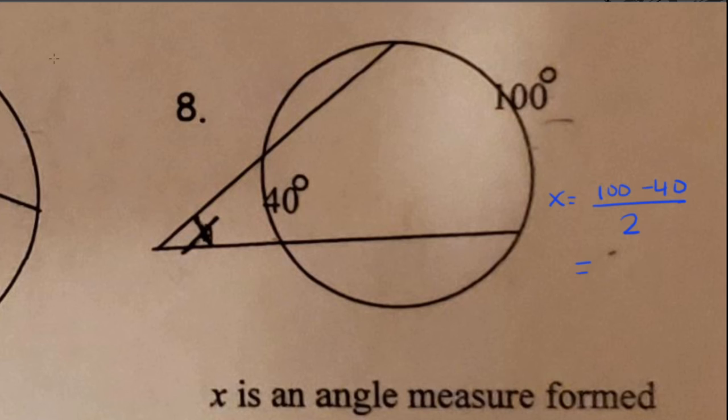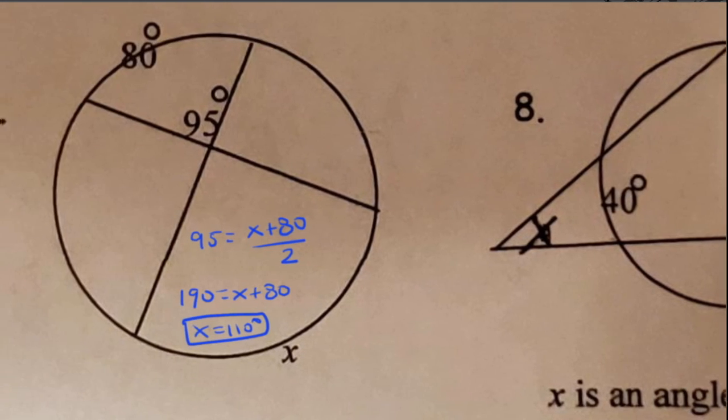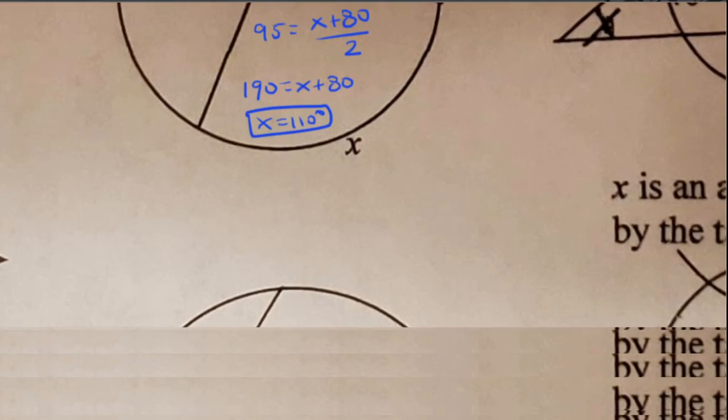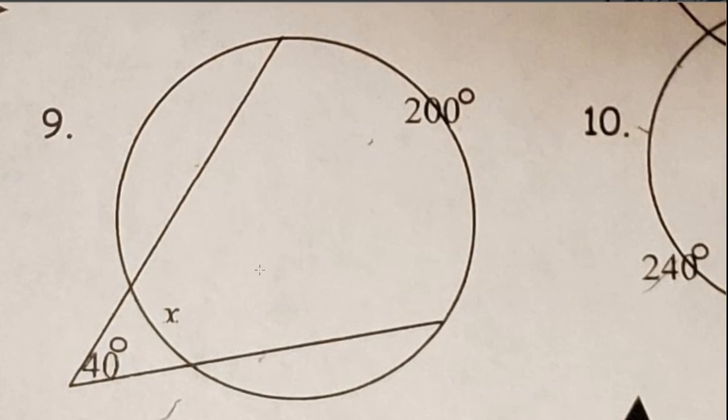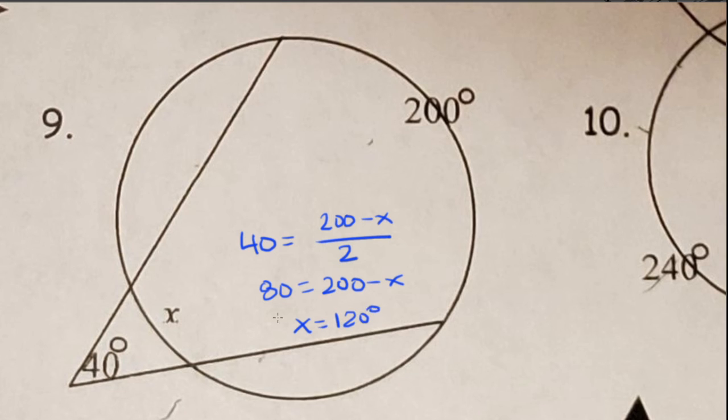So we're going to subtract 100 minus 40, 60, divided by 2, which is 30 degrees. So x here is 30 degrees. Now for 9, we know that 40 is going to be half of the difference between 200 and x. So if I multiply the 2 to the other side, I get 80 equals 200 minus x, and so x has to be 120 degrees.